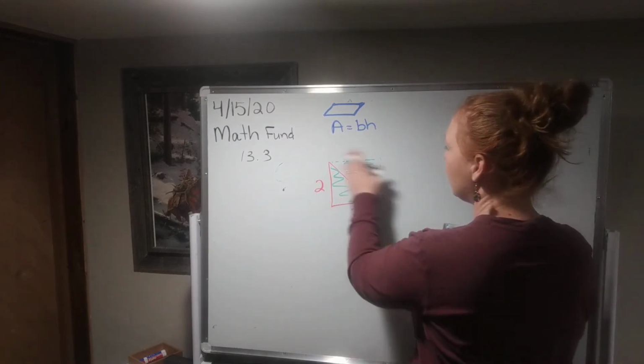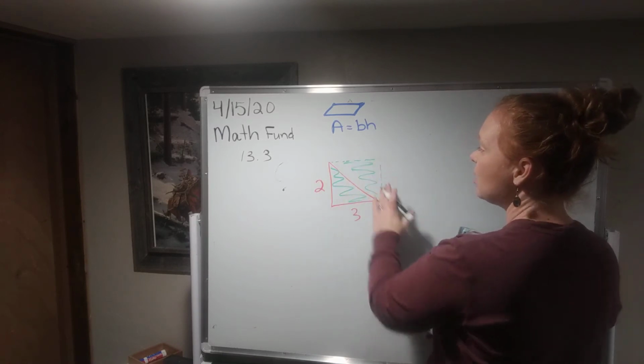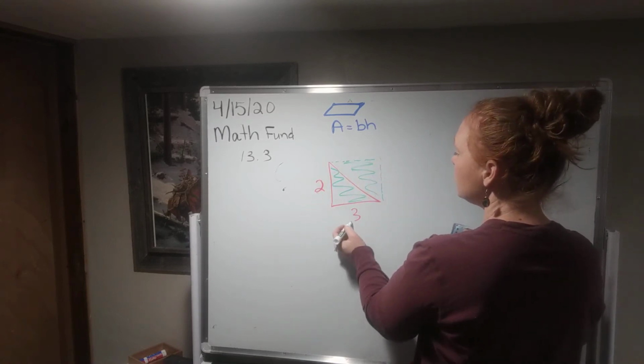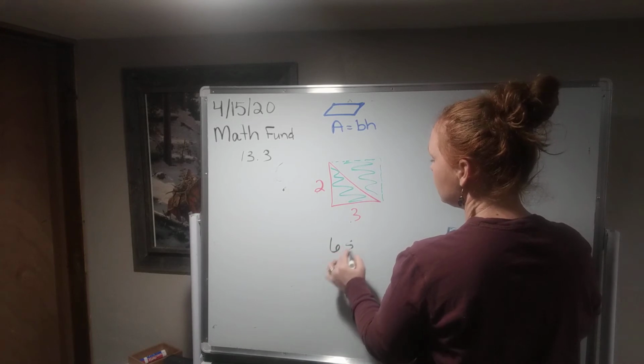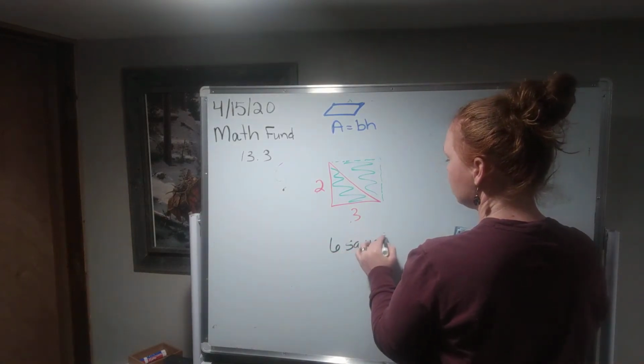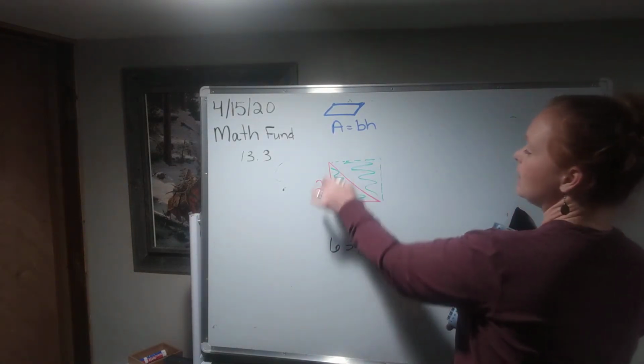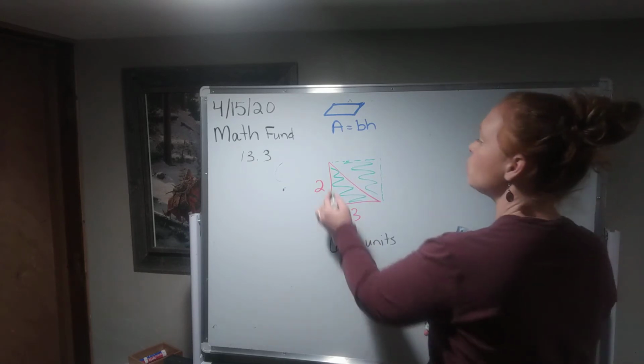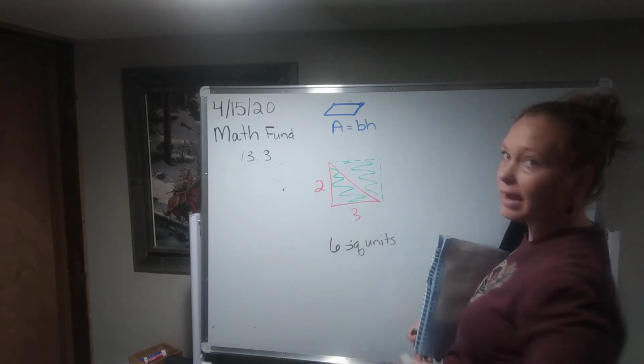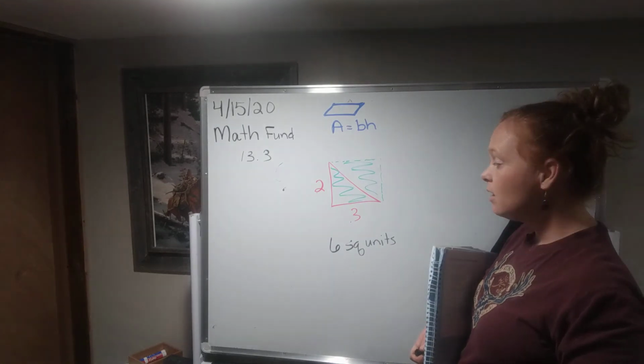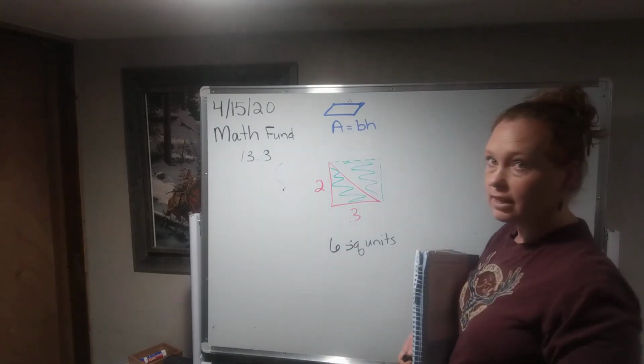So what this means is that if I went ahead and found the area of this entire rectangle, I would say 2 times 3 equals 6. 6 square units. Okay? This would be for the entire thing. Well, if this red triangle is half of the rectangle or square that I created, couldn't I just take the 6 and cut it in half?